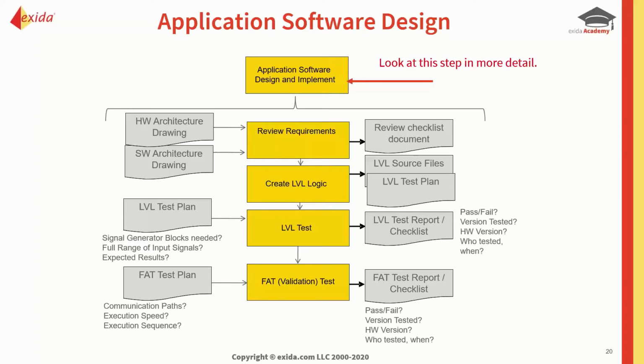And that way they don't miss anything. And the same thing can be true here. If we have checklists to make sure, yes, we've got the hardware architecture drawing, yes, we've got all the information we need, we've got corresponding software, and we're good to go, in which case we can create the limited variability language logic. And of course, this is where we want to try and keep things as modular as possible.